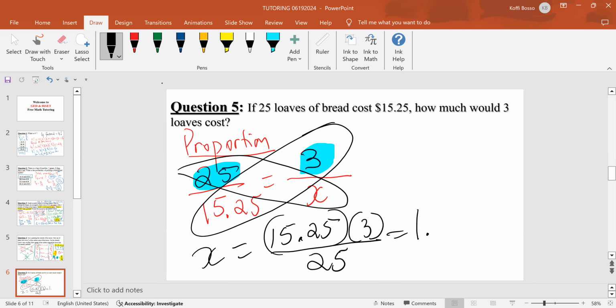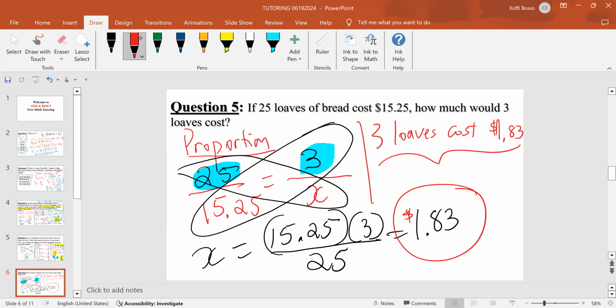Yes, 1.83. If I round it, that will be 2, right? But the question doesn't say to round it. 1.83 is the cost, so it has to be in dollars.